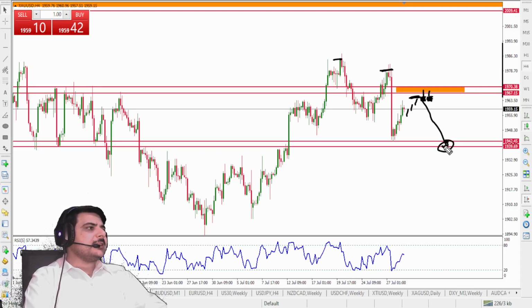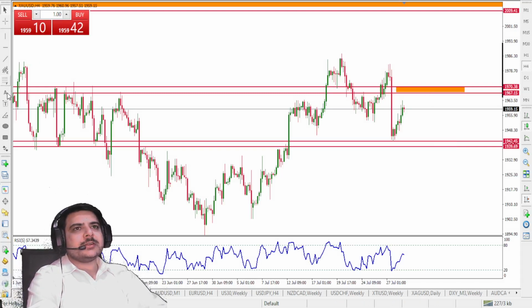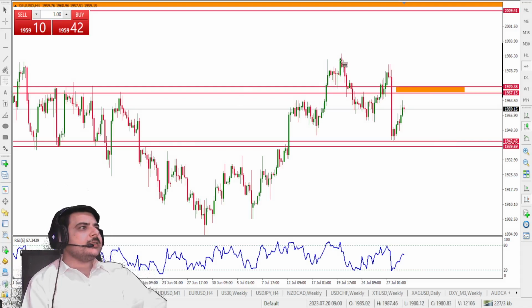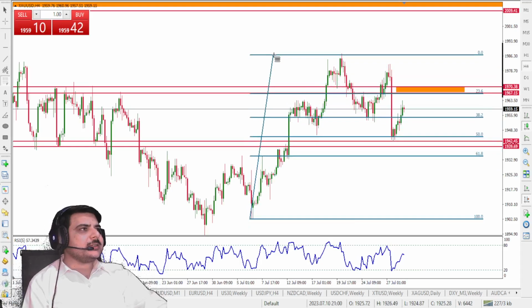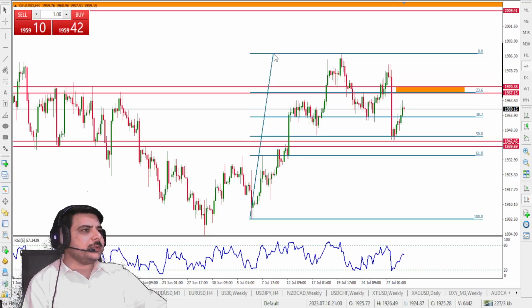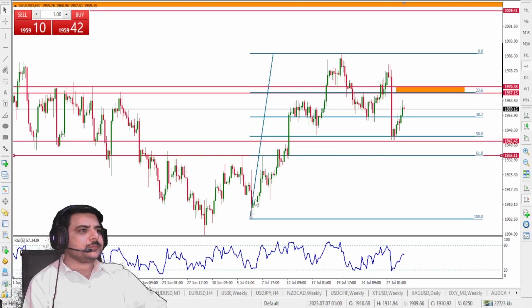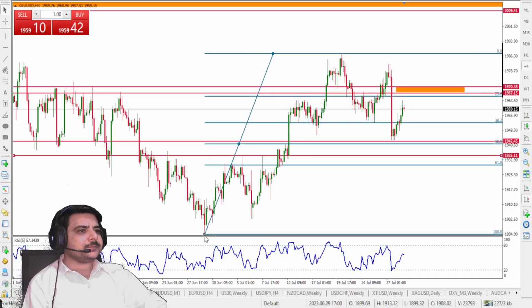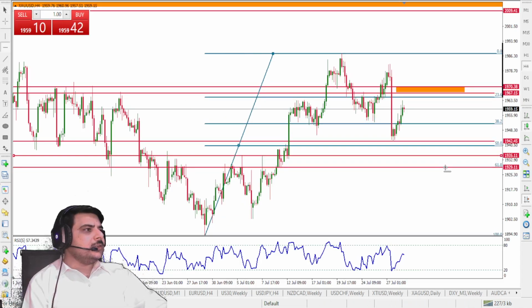1940. The second TP will be, let me show you, since we have also seen this market dropping, there will again be other levels on the bottom side, and that level will be 1935. So let's adjust it like this, the whole support zone, and the other one will be 1928.